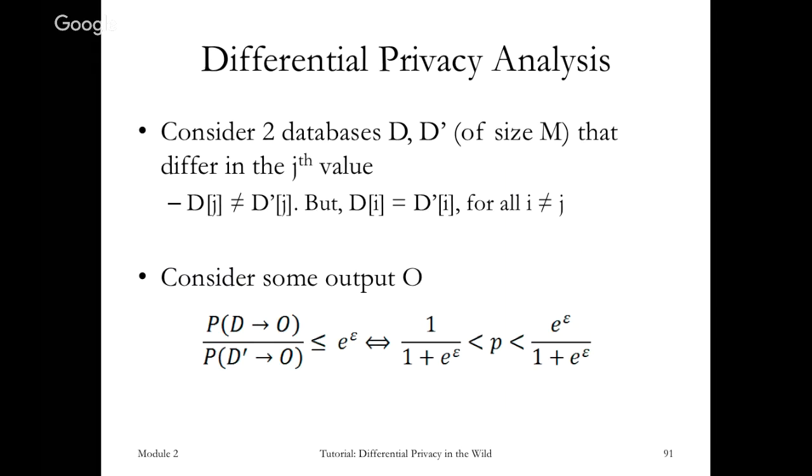Well, this ratio here is either P over 1 minus P or 1 minus P over P, or the max of those two, right? And so this satisfies differential privacy if and only if P, the probability, falls between these two values here. So there's a relationship between P, the probability of keeping the answer, and epsilon.